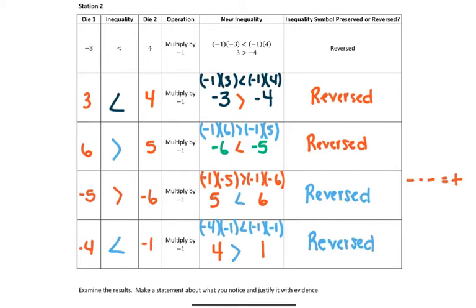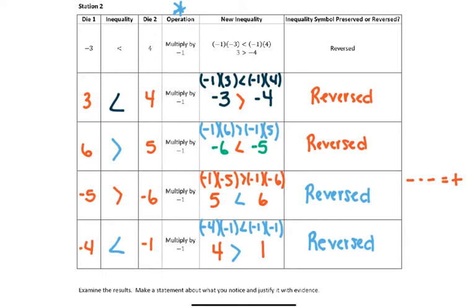Now we need to make a statement about the property of inequality that we just saw. So when we look at the operation that they asked us to do, at this station, they asked us to multiply every single inequality by -1. And so what we can say is when both numbers are multiplied by -1, the inequality symbol is reversed.